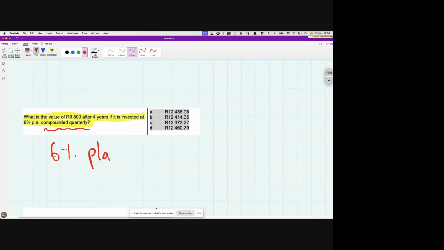Well, what we need to do is we need to take our interest rate, which is 0.06, but that's a yearly interest rate. To change it to a quarterly interest rate, we divide it by 4. So my new interest rate is going to be what? What's my new interest rate going to be per quarter?